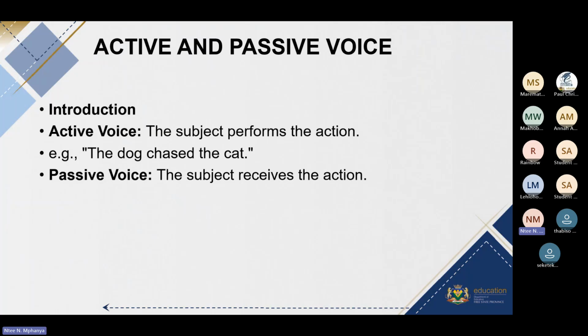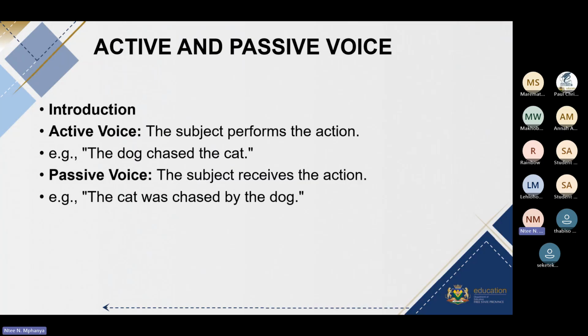Now, in passive voice, the subject receives the action. Now, who is our subject? It is the dog. Now, if the dog is receiving the action, from whom is the dog receiving the action? It receives the action from our object, the cat.